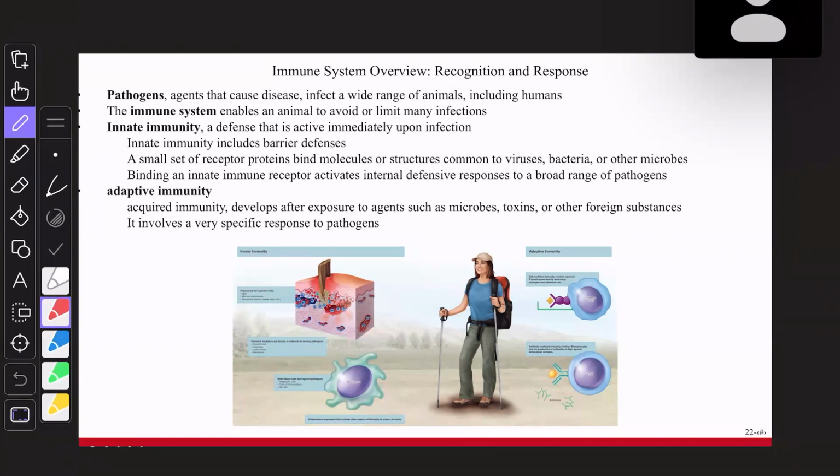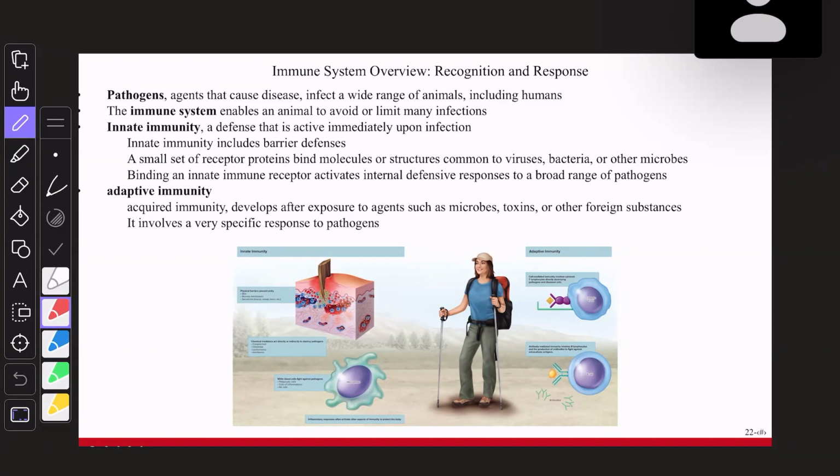Your mucous membranes and the production of mucus is an innate defense, okay? The important thing to understand about innate immunity is that it is generalized. It is not specific to a pathogen, okay? This is a general overall, we're going to try to defend you kind of a situation, right?